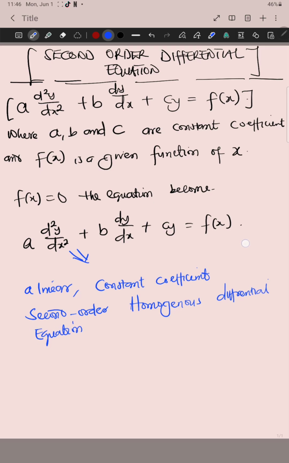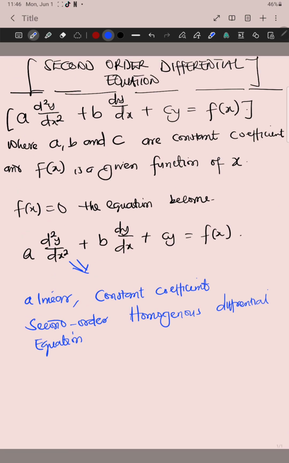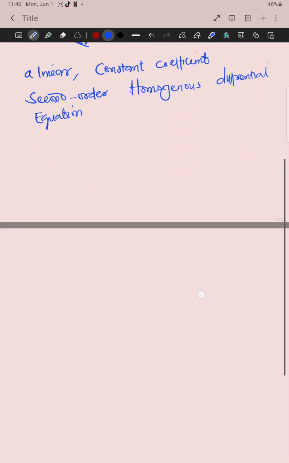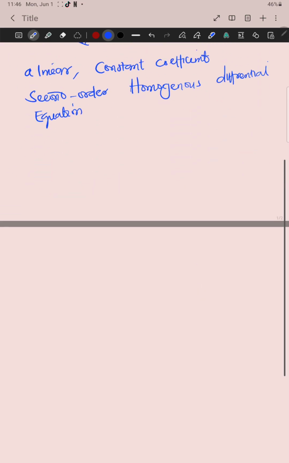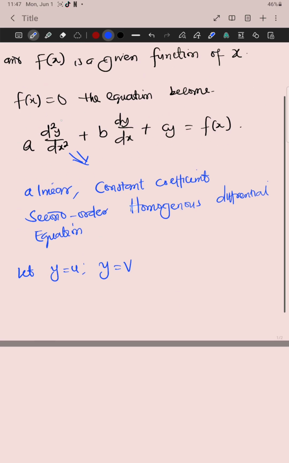Did you see that? So having said all of this, we shall now look at the solutions to this particular equation. So let's look at it together. You see, we can say let y equals u and let y equals v. Now u and v are functions of x, right? So let me replace y as u. Remember when we were doing homogeneous, when I said y is equal to vx, right?